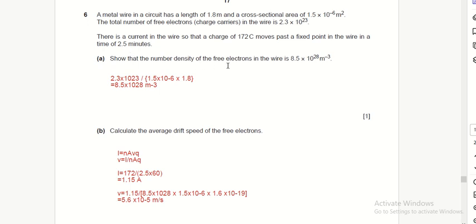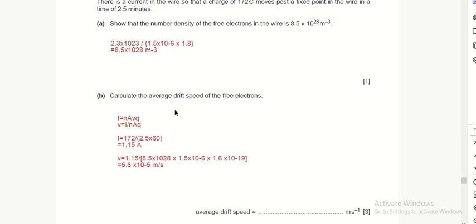Show the density of free electrons. So we will first divide the number of electrons over the volume of the wire, which is the cross section times the length.